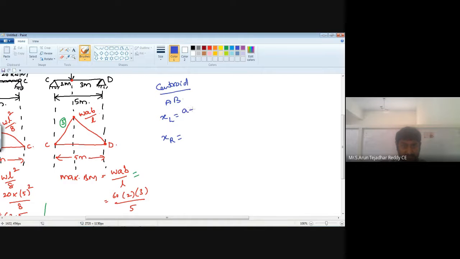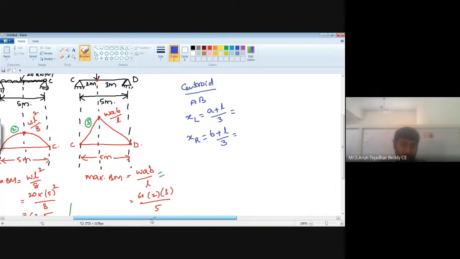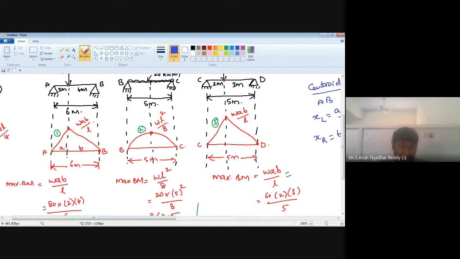XL is A plus L by 3, XR is B plus L by 3. Here, what about A, B and L? You can observe only span AB. So the total span is L, but what about A and B? A is 2 meter, B is 4 meter. Okay, so substitute the same values here.